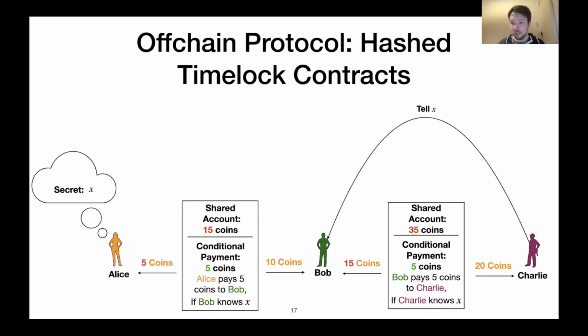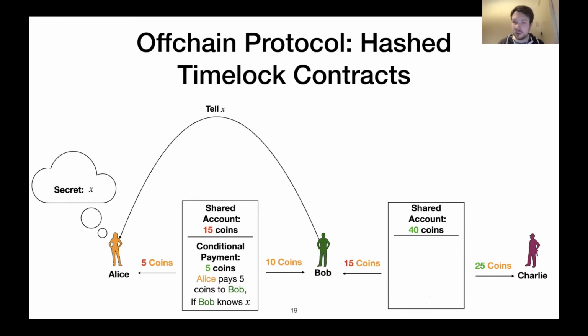However, Bob and Charlie then can consolidate the payment within the channel and modify its state such that they remove the conditional payment, but give the coins within the conditional payment to Charlie. However, now Bob knows Alice's secret X and can forward it to Alice afterwards. Alice and Bob can do the same, consolidate the payment within their channel and give Bob those coins.